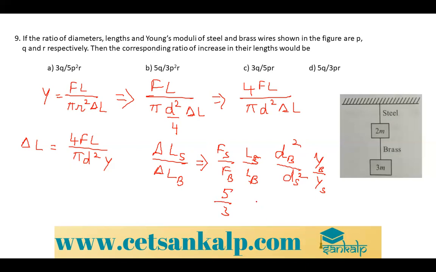So delta S by B is nothing but Q. dB divided by ds the whole square is nothing but 1/P the whole square into 1/R. So further simplification, we know. We get 5/3 Q divided by P square into R. So option B.